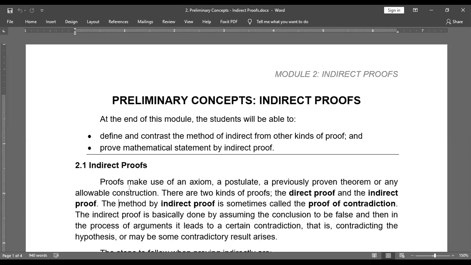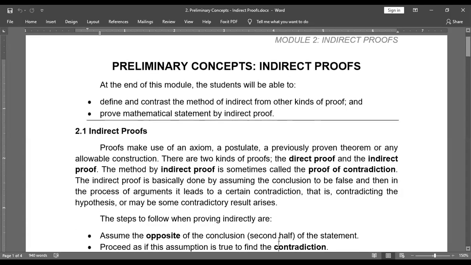But in indirect proof, we will negate our conclusion and assume that this is true. Therefore, our original statement will be assumed as false. Nakuha nyo? I'll be giving you an example for you to better understand what I'm trying to say.